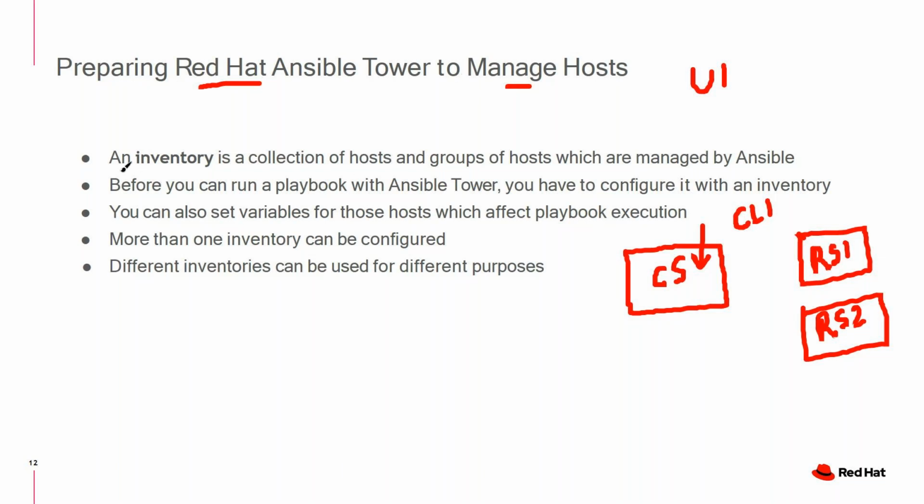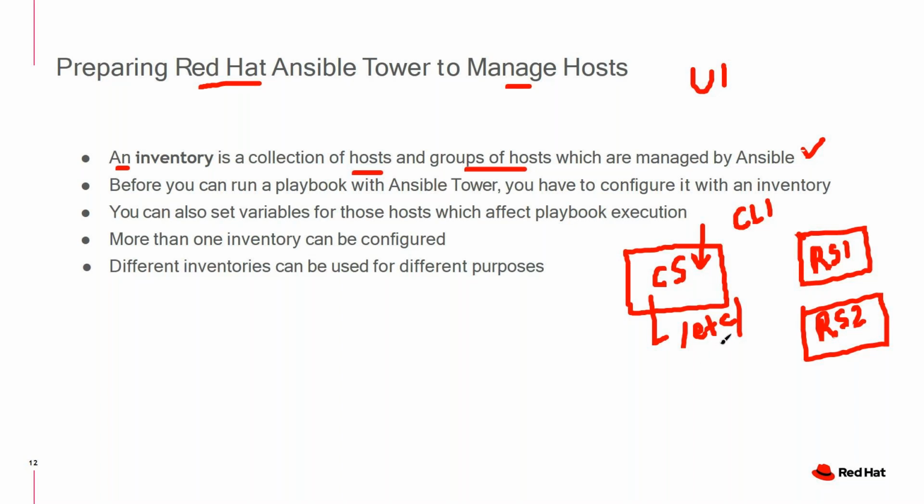An inventory is a collection of hosts, as in our previous environment or infrastructure. An inventory is a collection of hosts and groups of hosts which are managed by Ansible, right? In our case, Ansible exists inside the etc directory, which is one of the Linux directories under the file system, and etc is the configuration directory.